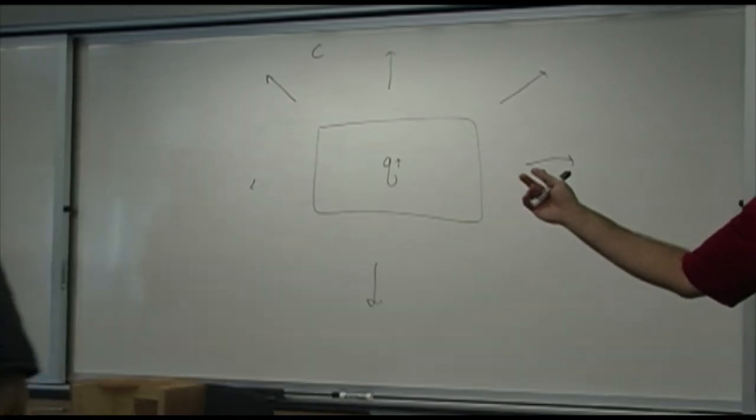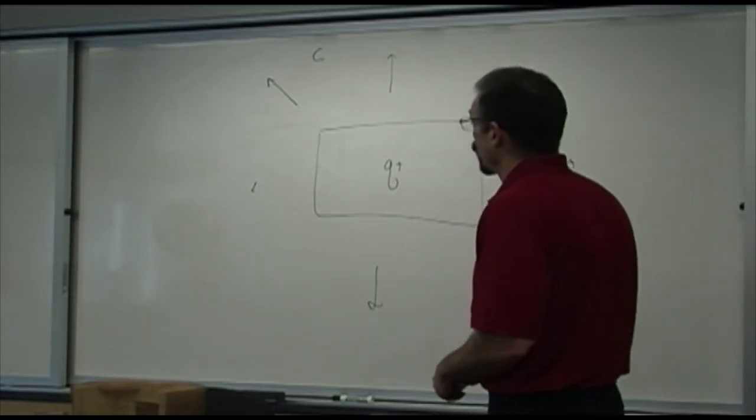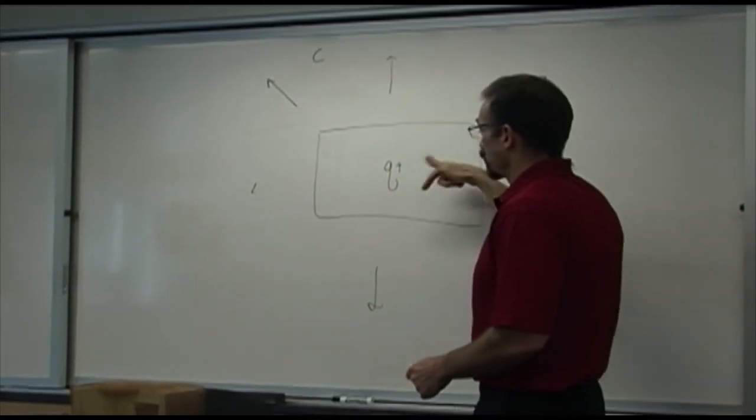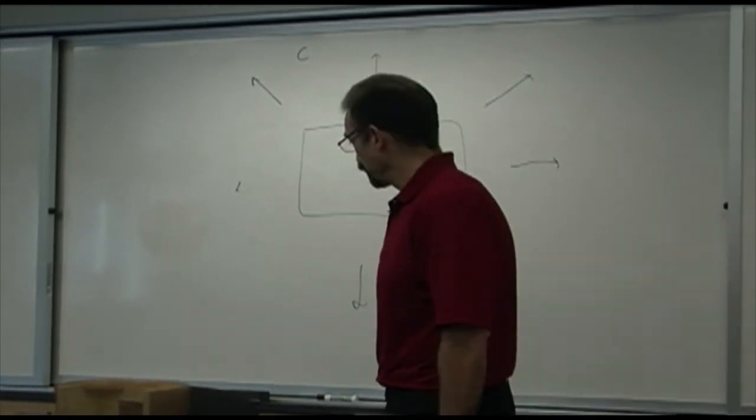OK, we have agreement. A single positive charge in the middle probably would match this very nicely. The electric field lines would come out in all directions. How about D? What do you think for D?